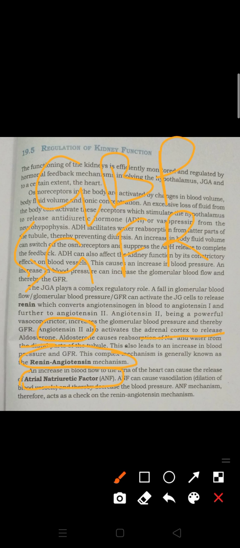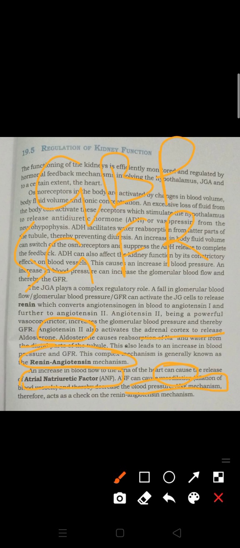This ANF is very important for vasodilation. Vaso means vessels, dilation means dilation, so dilation of blood vessels is known as vasodilation. This vasodilation decreases the blood pressure by the ANF mechanism.